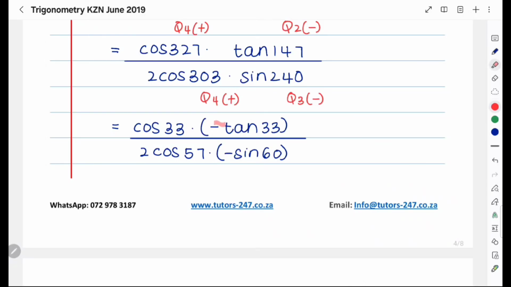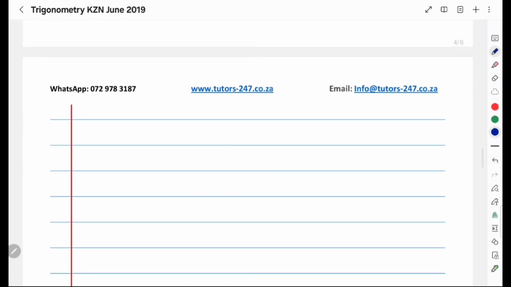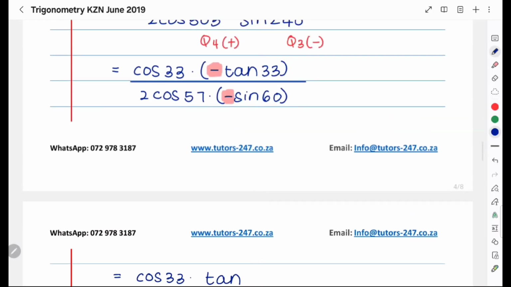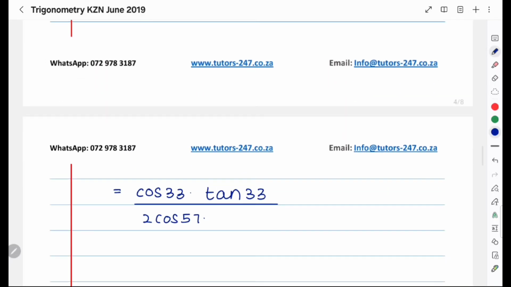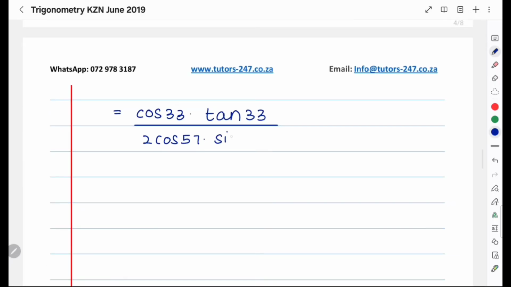Something important to take note of is we have negative on top, negative at the bottom. They cancel each other out. So this becomes cos of 33 times positive tan of 33 all over 2 cos of 57 times positive sine 60.